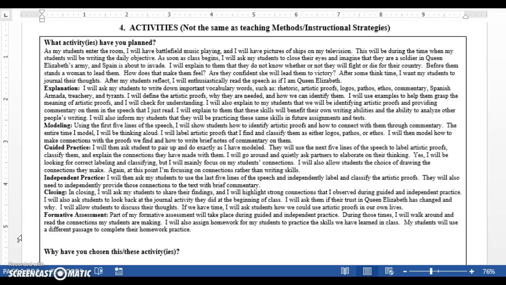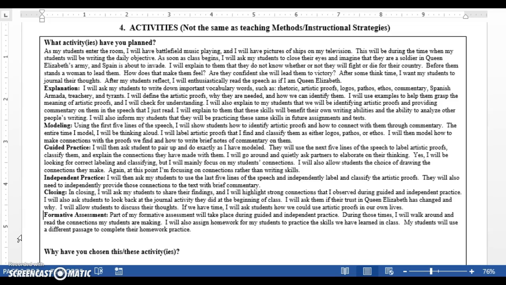Did she convince them? At this point they're almost evaluating her artistic proofs, but I want them to tell me, did she do a good job? Are they convinced?